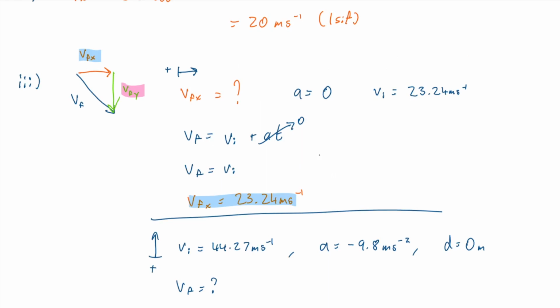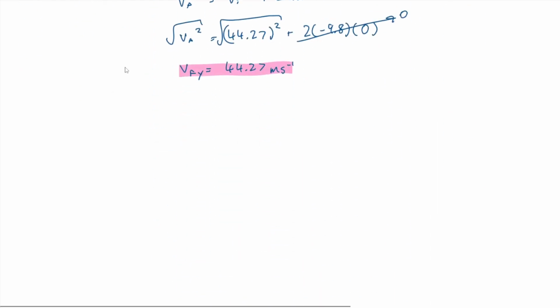So now looking back at our vector diagram, we have both legs of the triangle, right? Both components, horizontal and vertical. So Vf is equal to the x component squared plus the y component squared, all square rooted.